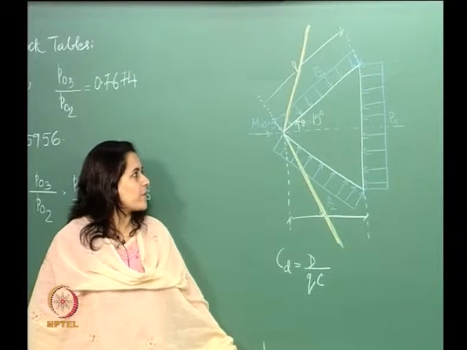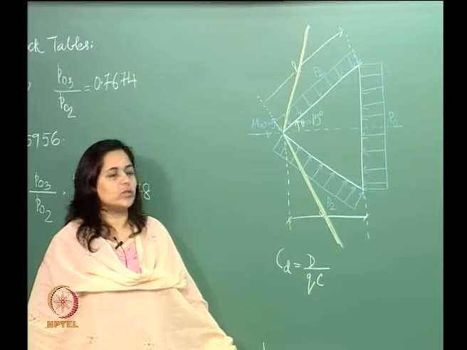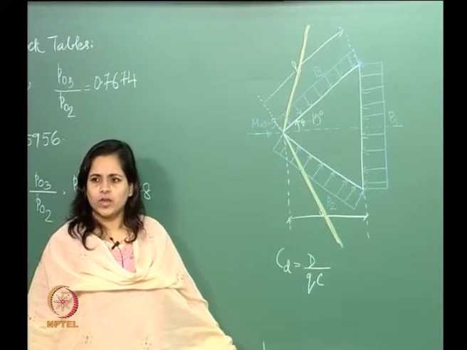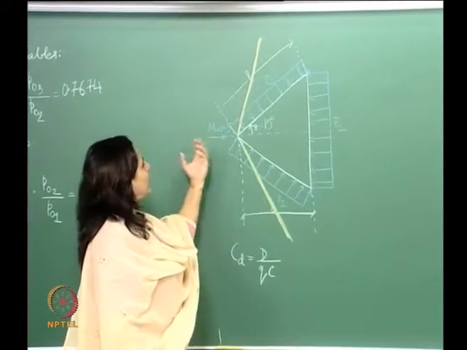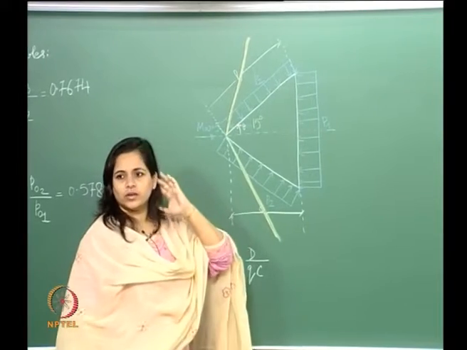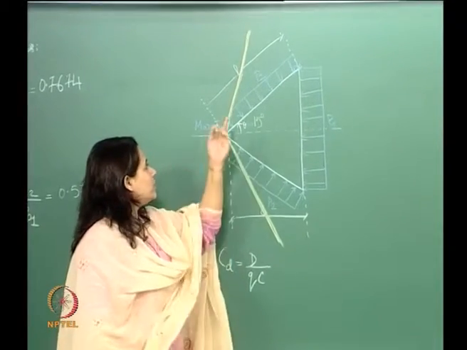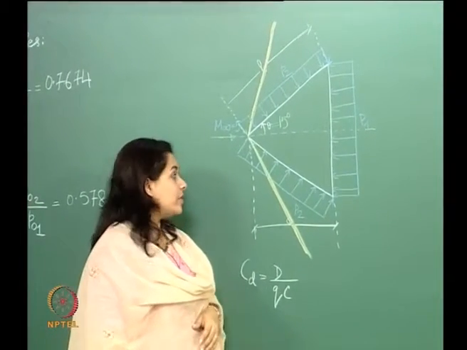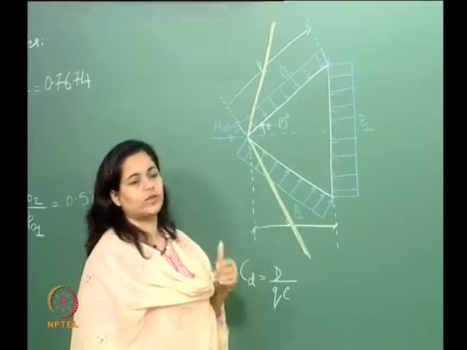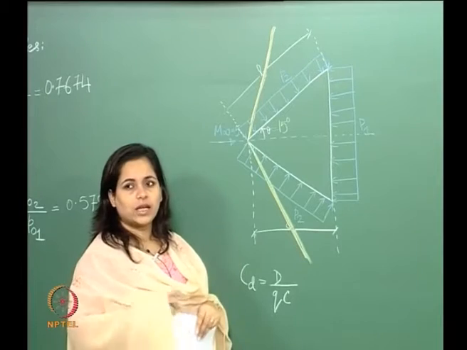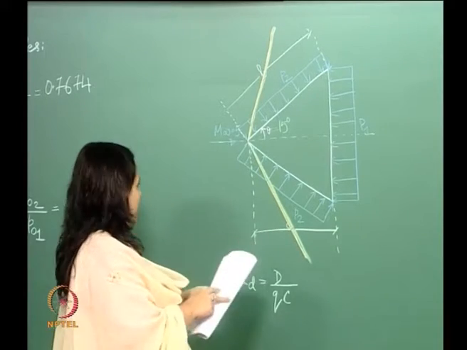I need to calculate the coefficient of drag. I can always calculate the drag if I can get some value for this pressure distribution. In this case, however, it's not that simple, because we might have a shock wave here. So let's see how that comes into play.